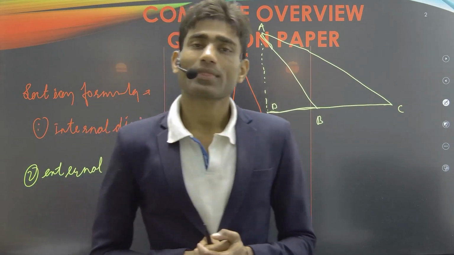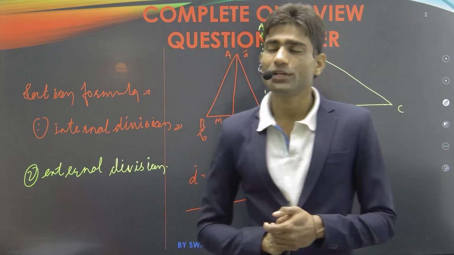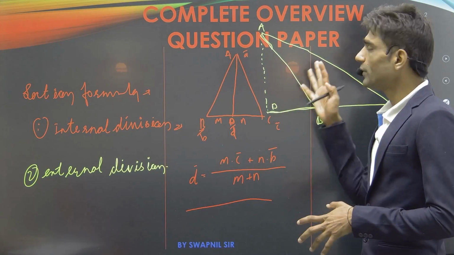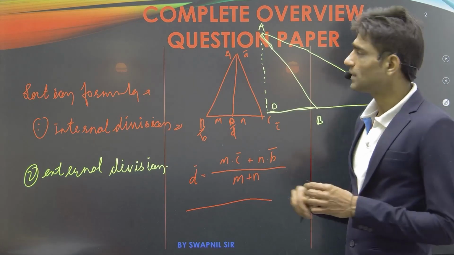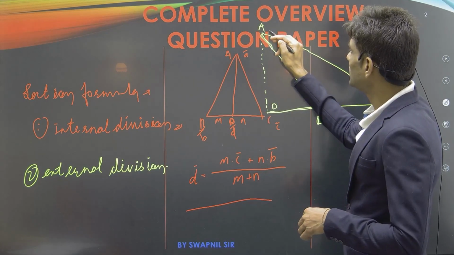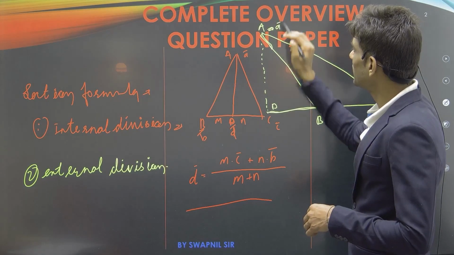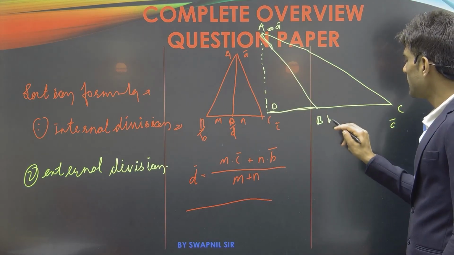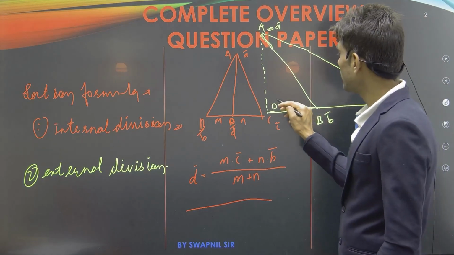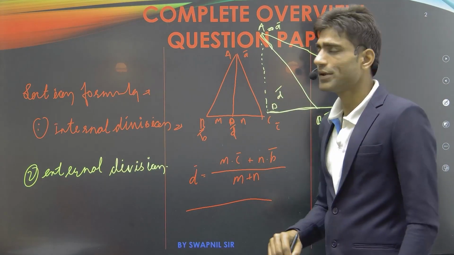We are learning under the vector chapter, so every vertex has a position vector: A has position vector A bar, B has B bar, C has C bar, and D has D bar.